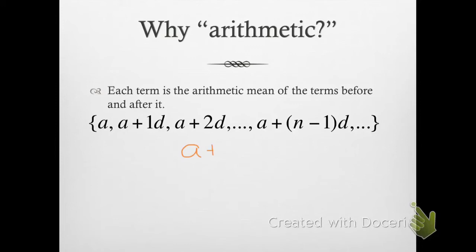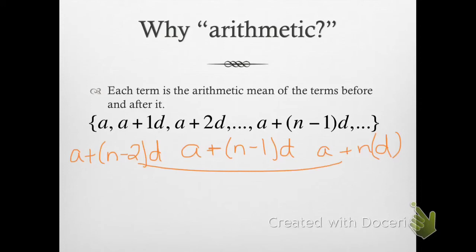a plus n minus 1 d. So the terms before and after it would be a plus n minus 2 d and a plus n d. And so if we add these two up, we're going to get 2a plus, and just a quick distribution here, 2dn minus 2d, and I need to divide that by the number of items.